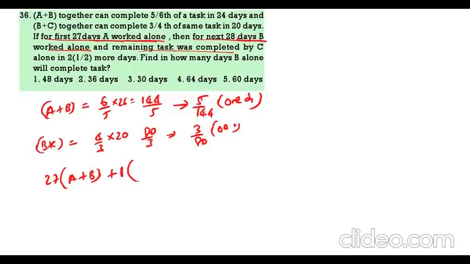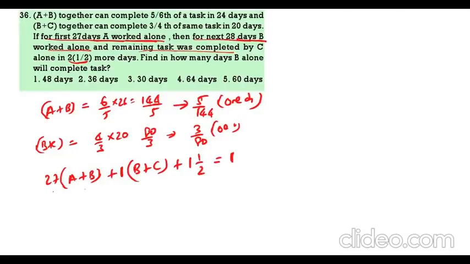Now B and C: B worked for 28 days, that means 1 day is left for B. C worked for 2.5 days, so 1 day I am taking for C. Then C, 1.5 day is left. So C into 5 by 2, sorry, already I took 1, now 1 by 2 is equal to 1 work.